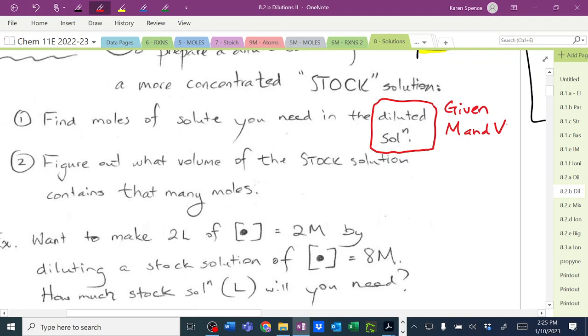And if you are given molarity and volume, what can you find? You can find moles. Now, you know that the moles in the dilute solution are equal to the moles from the stock solution. Whatever volume of the stock solution has to contain the same number of moles.